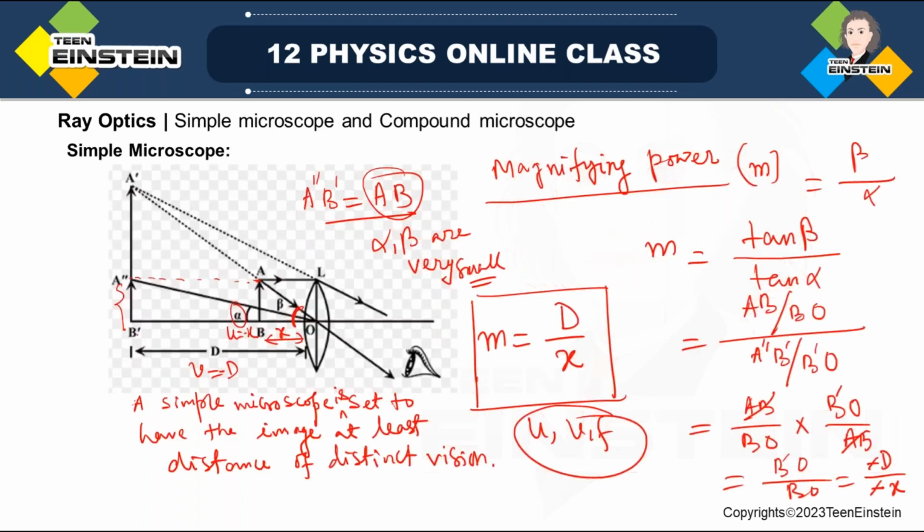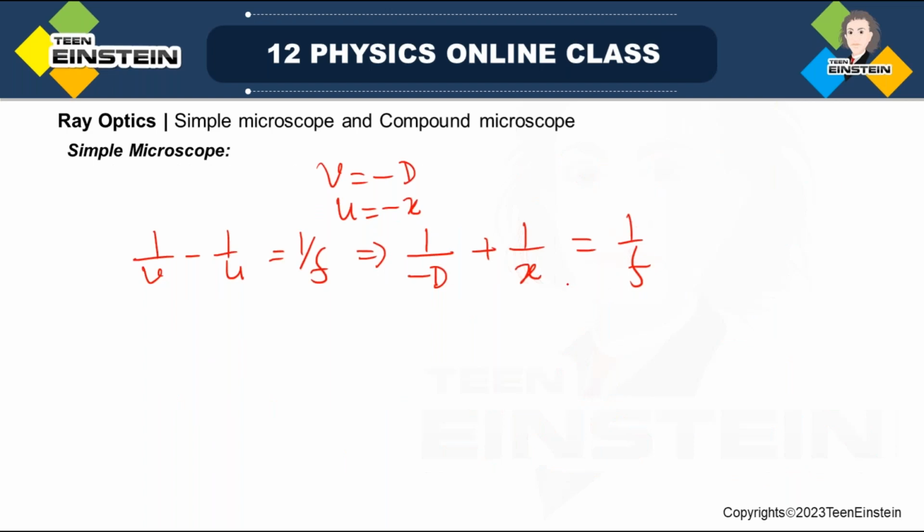See, I have to replace D by X, so I'll multiply D on both sides.